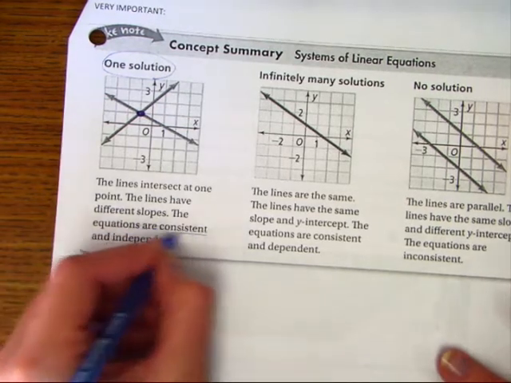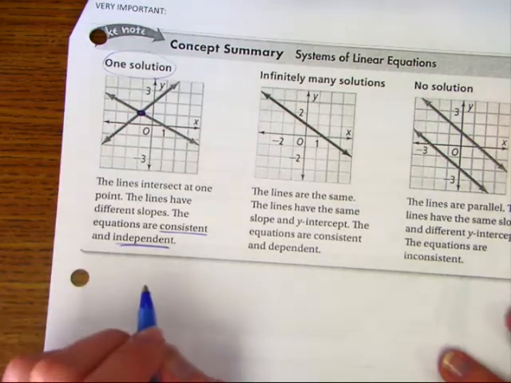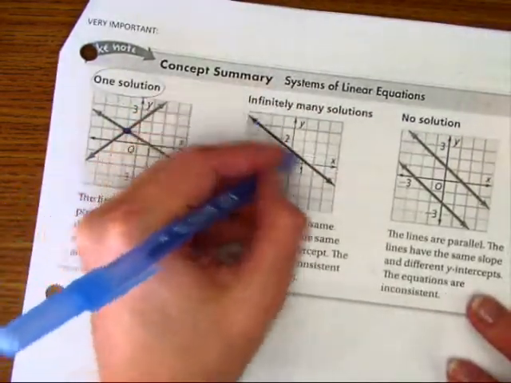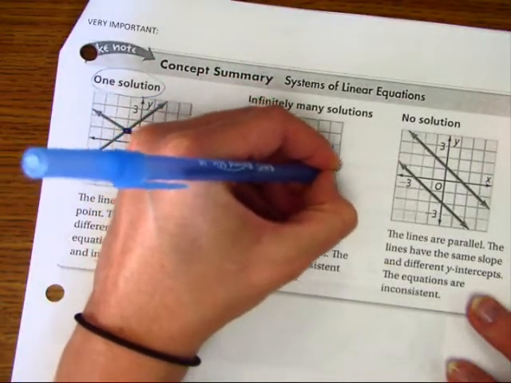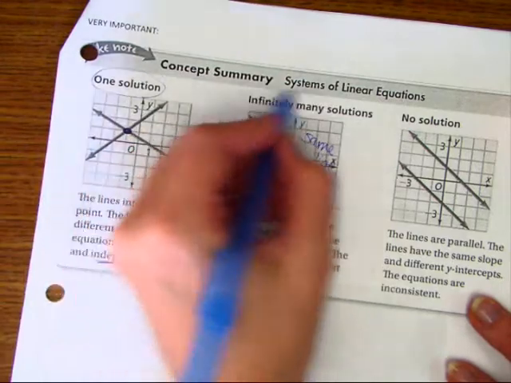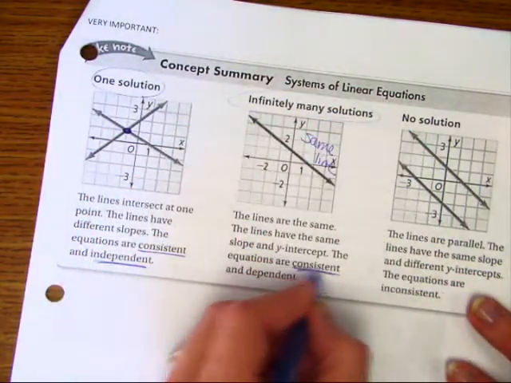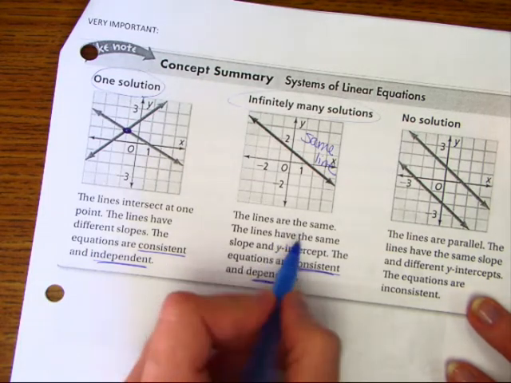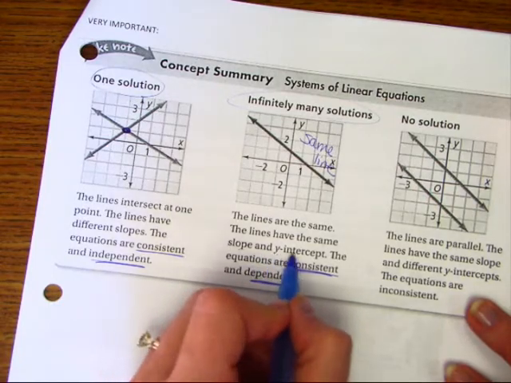The equations are consistent and independent. Now let's say you graph them and you get the exact same line. That means there are infinitely many. Your words for that are consistent and dependent. They have the same slope and the same y-intercept.